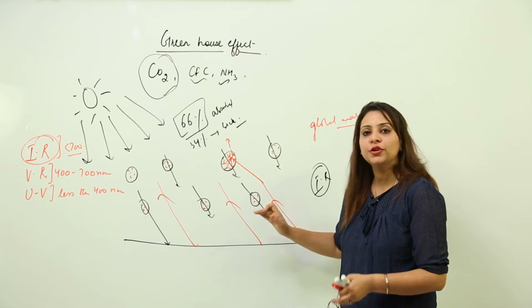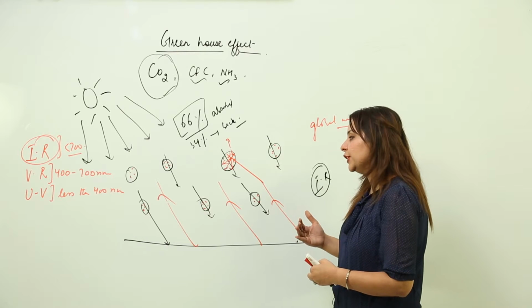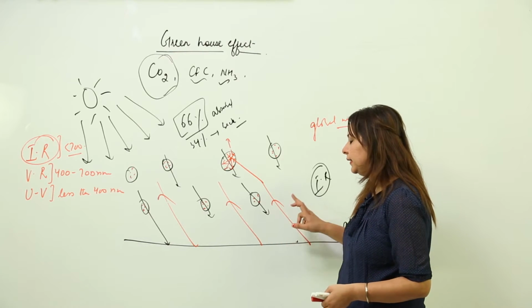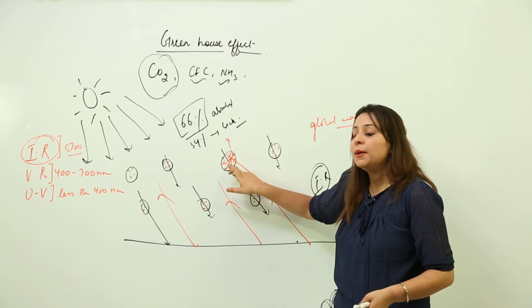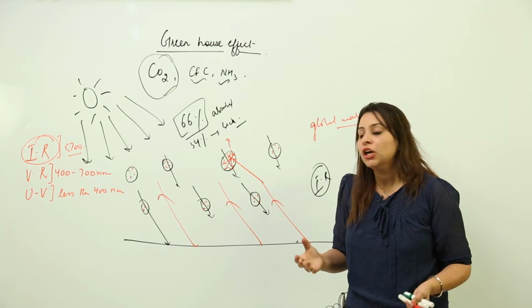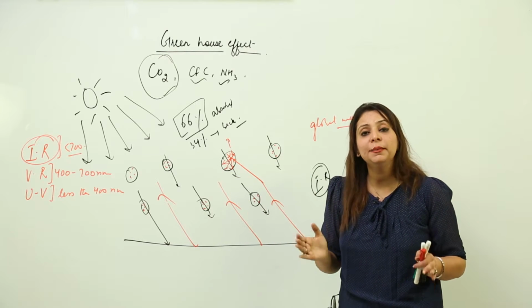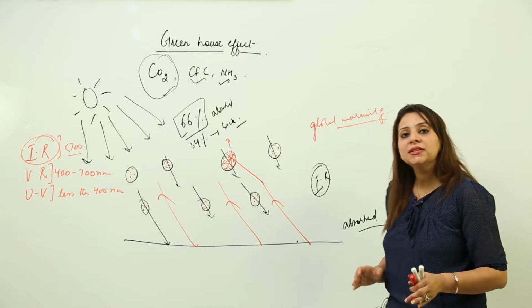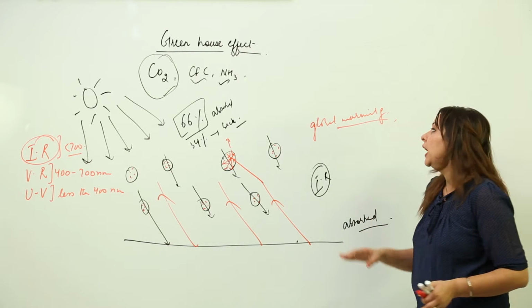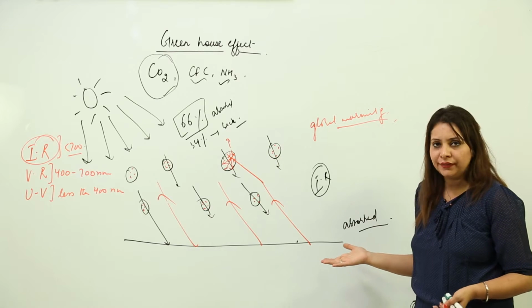But after reflection, their wavelength increased beyond a certain limit. Radiations of that wavelength these molecules will allow to enter, but after entering, they will not allow them to escape. So they get trapped inside, and since they are the major cause of the heating effect, they raise the temperature of the earth, and that is called global warming. So this is the greenhouse effect.